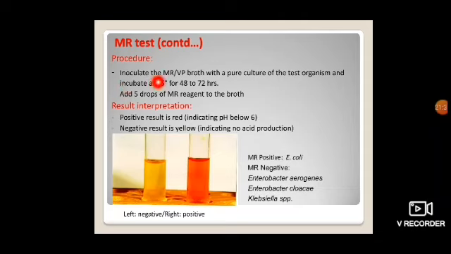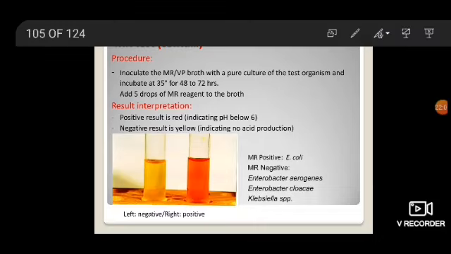For the procedure, we have to incubate the methyl red broth with a pure culture of the test organism at 35 degrees Celsius for 48 to 72 hours. After incubation we can observe different colorations, yellow and red, and we add 5 drops of methyl red reagent to the broth. Interpreting the result, positive is red color and negative is yellow coloration.